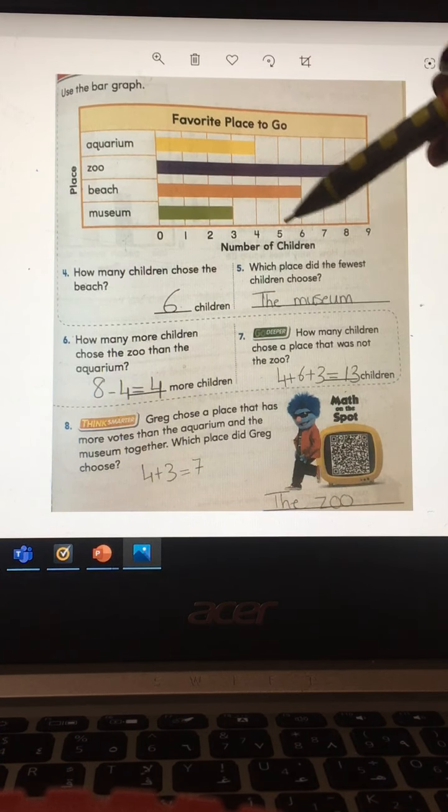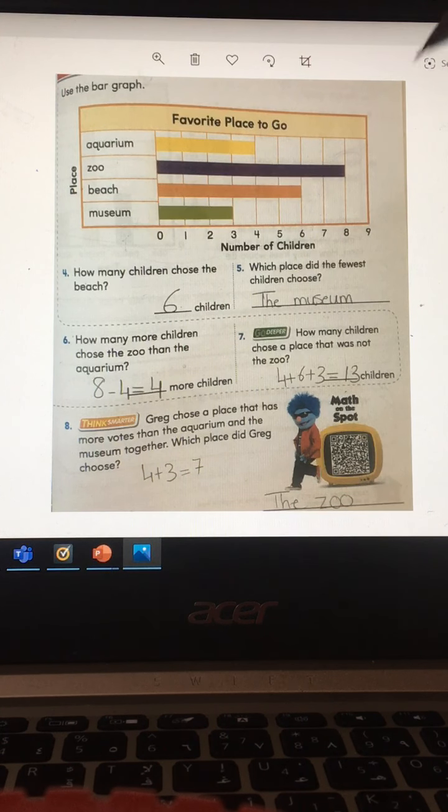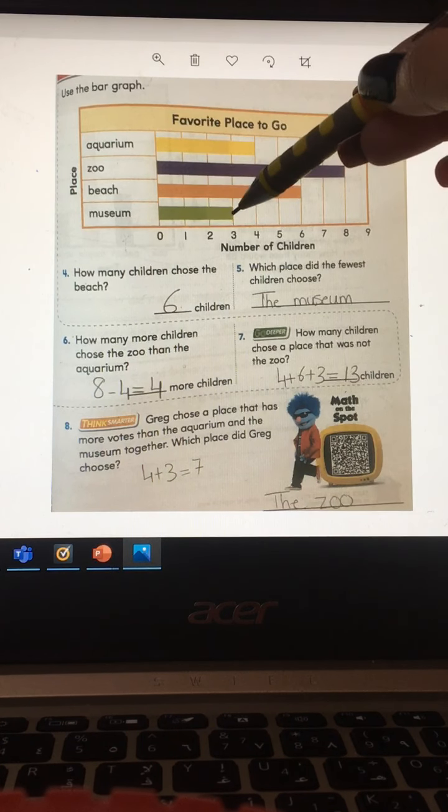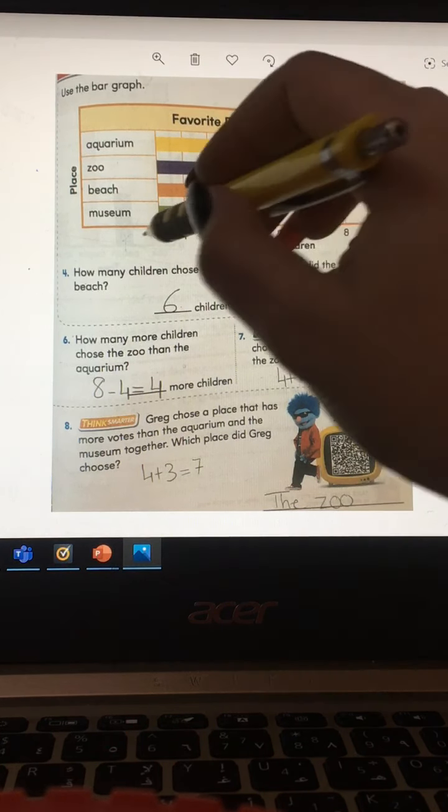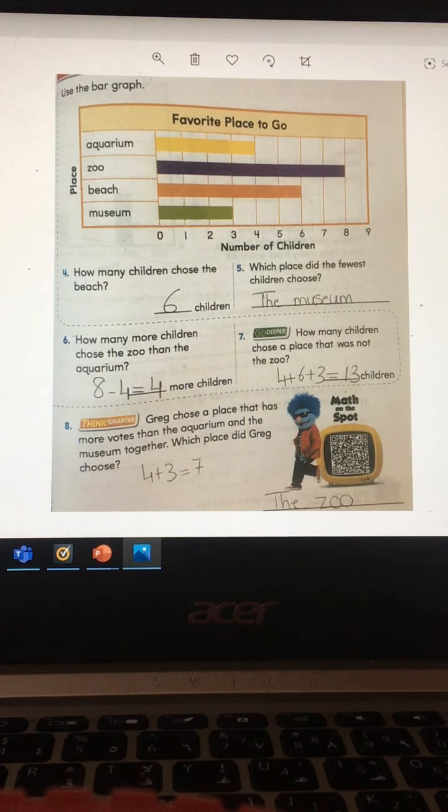Question number 5, which place did the fewest children choose? The fewest children chose the museum because it's the least number of all the numbers that we have.